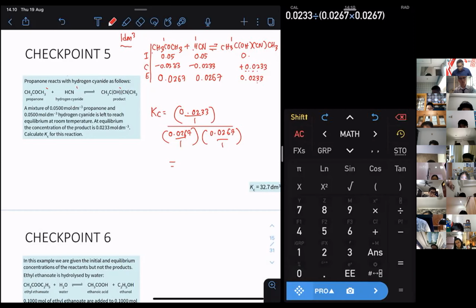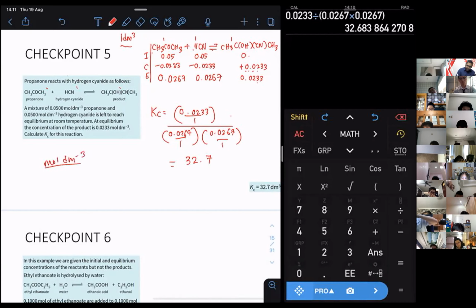If I close the bracket, I am supposed to get 32.7. And if I look into the unit, you can see mole per dm cube divided by mole per dm cube to the power of 2. So that will be cancelled with this. So 1 per mole per dm cube, so it will be mole negative 1 dm to the power of 3.